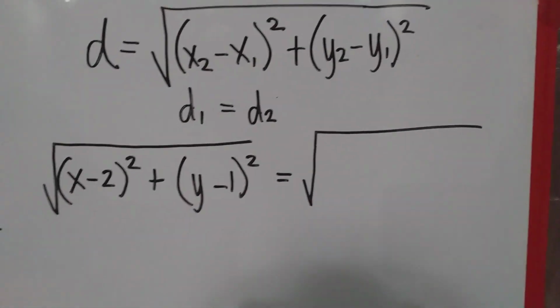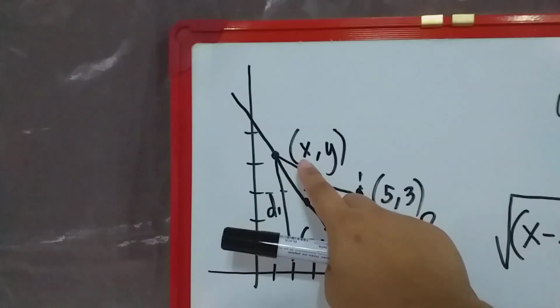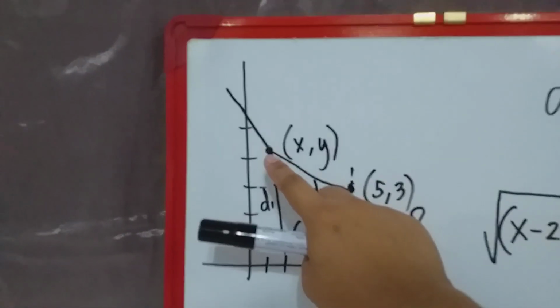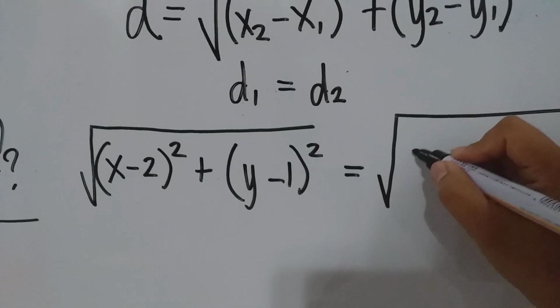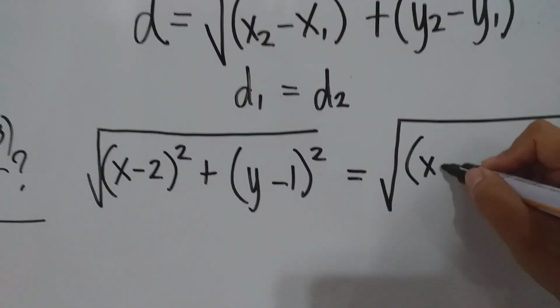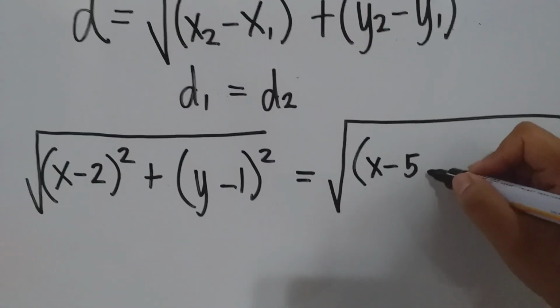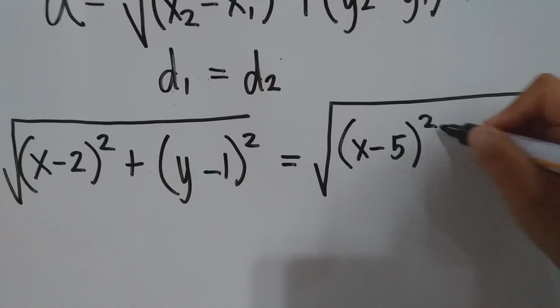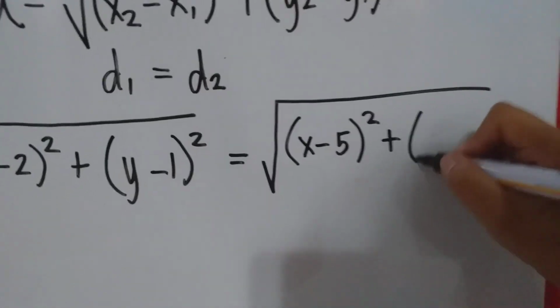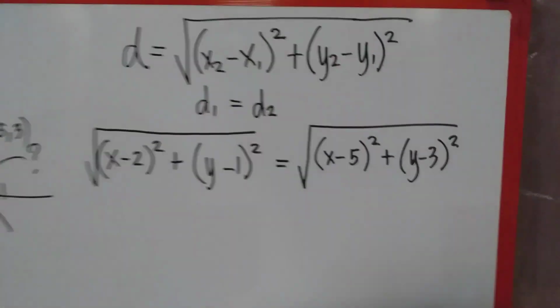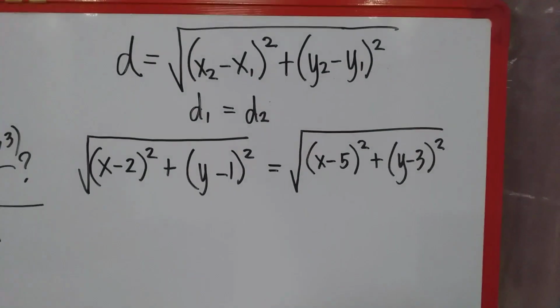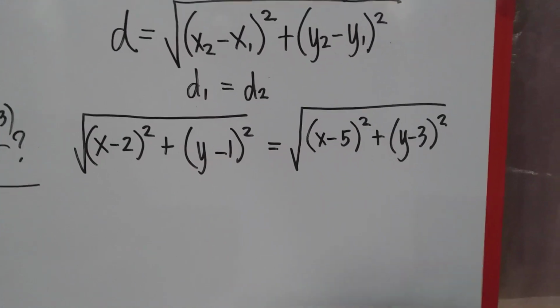D2 is the distance from point (x, y) to (5, 3). So that's the square root of (x minus 5) square plus (y minus 3) square. So that's it.